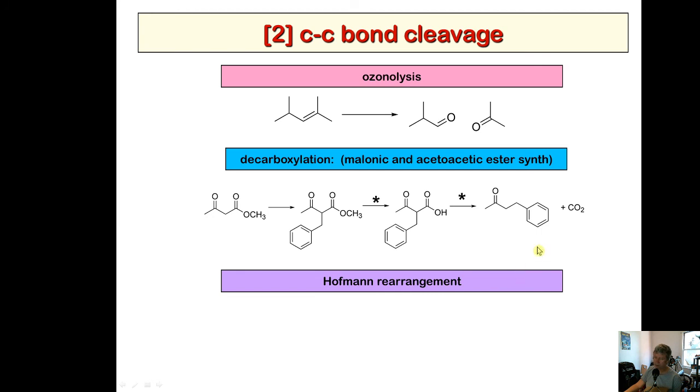Hofmann rearrangement was another example of a reaction where CO2 is lost. You have a primary amide. This is definitely a 2-star one, a kind of cool reaction where base takes a proton, and it's NaOH and Br2, right?